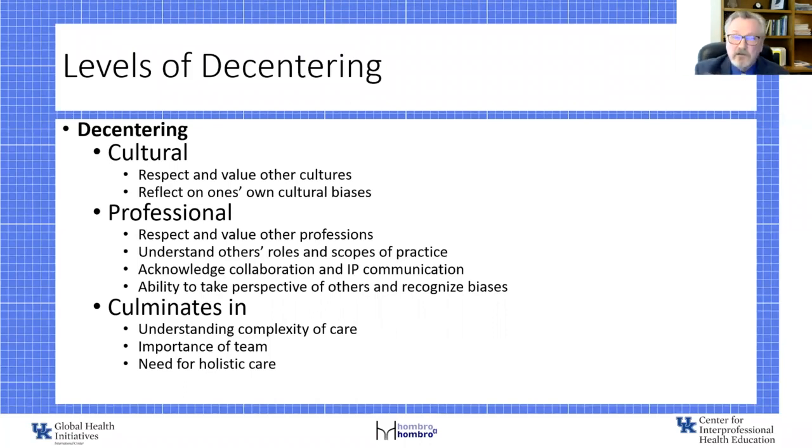The similarities between culture and profession are profound here. Ultimately, what this is going to do, both of them together, is help them understand the complexity of care, how culture impacts it, how professions impact it, and help them understand the importance of team and the need for holistic care.